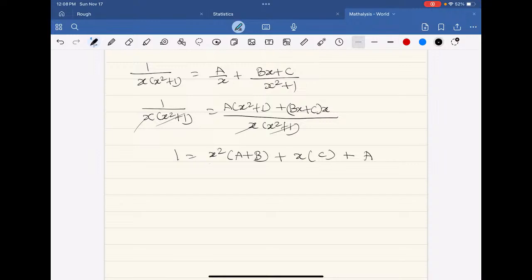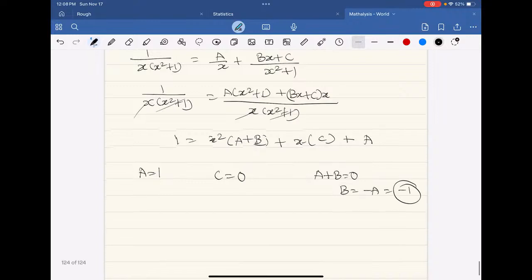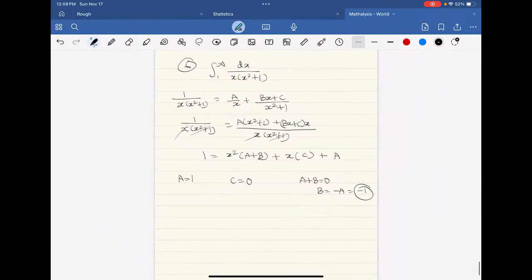If you compare, the constant should be 1, so a is 1 definitely, and c should be 0, and a plus b should also be 0, so b is negative a, which is negative 1. So we got it. The integral will be the integral from 1 to infinity of 1 by x minus x by x square plus 1 dx.